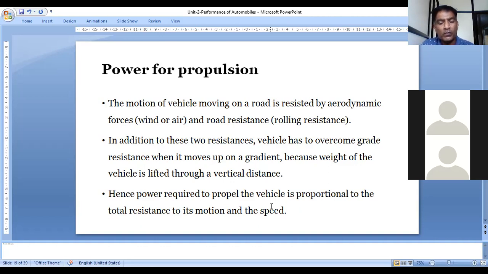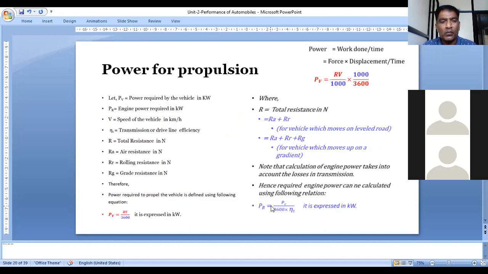In addition, the vehicle has to overcome the resistance due to the grade or steep road conditions, wherein the vehicle is lifted through some distance based on the grade. So the power required to propel the vehicle is proportional to the total resistance to its motion and the speed.